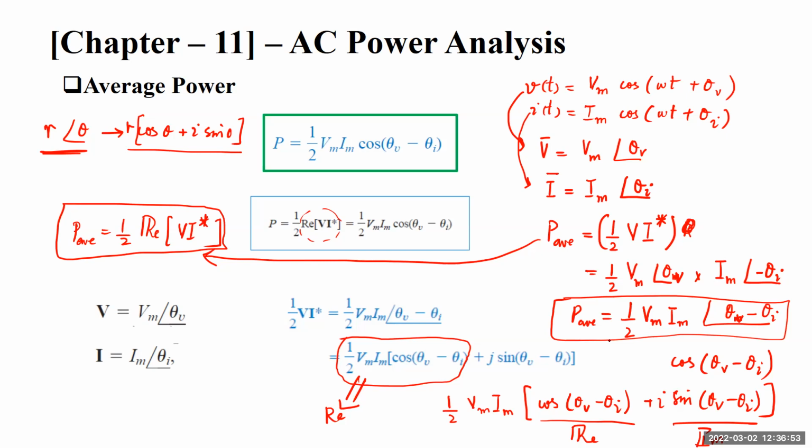So for average power, if we are given two sinusoids, we can just simply do the analysis and use half Vm Im cos of theta v minus theta I. And if we are given our values in phasor form, we can do this multiplication, and after this multiplication we only select the real part and multiply it by half to get our desired result for average power.